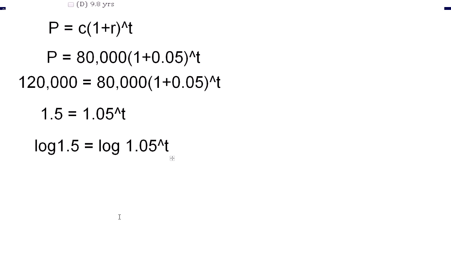This is just adding the log at the moment. What the log does is bring down the t. So log 1.5 equals t times log 1.05, once it comes down to the left of the log.